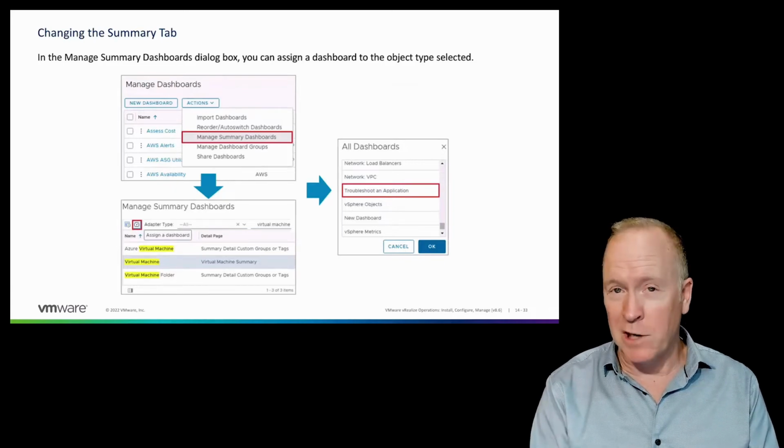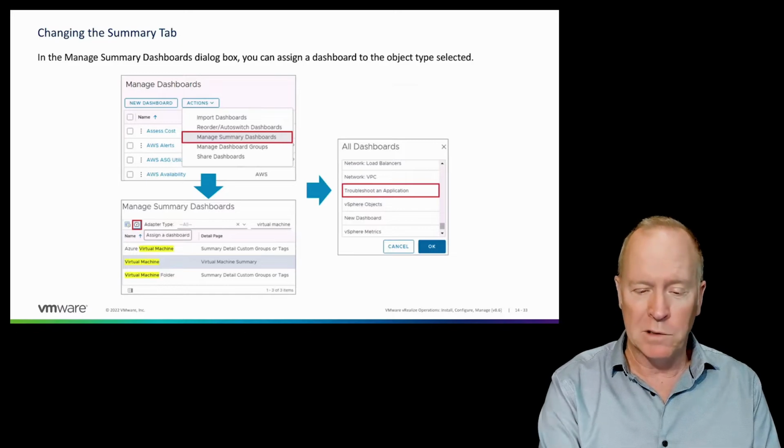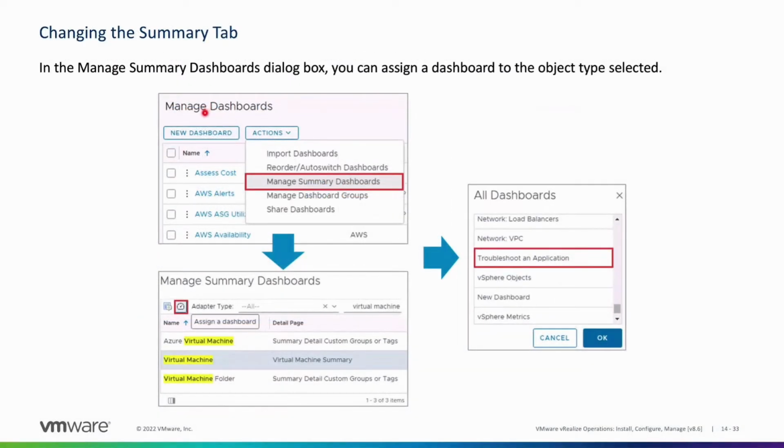If you'd like to change the dashboard displayed on the summary tab for a particular type of object, what you'll do is go into Manage Dashboards, go to the Actions menu, and choose Manage Summary Dashboards. In there, you will see a list of different object types. If I want to change the Summary tab dashboard for virtual machines, I would select Virtual Machine.